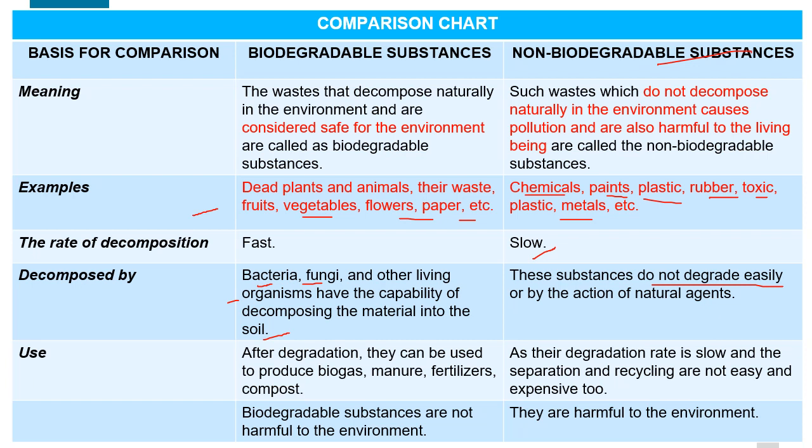Okay? So, after the degradation of the biodegradable materials, they can be used to produce biogas, manure, fertilizers, and compost, which are useful for plant production and plant chemical and biological processes.